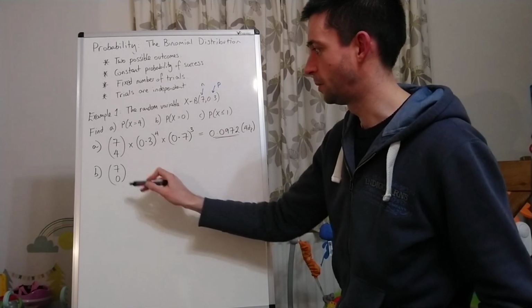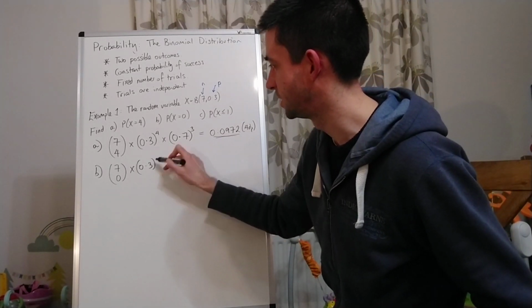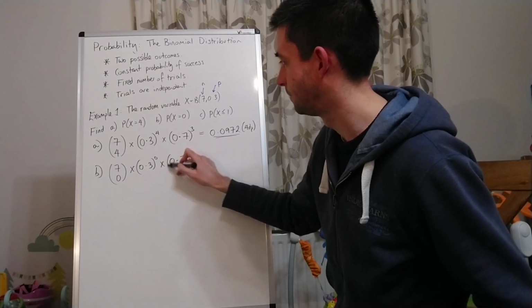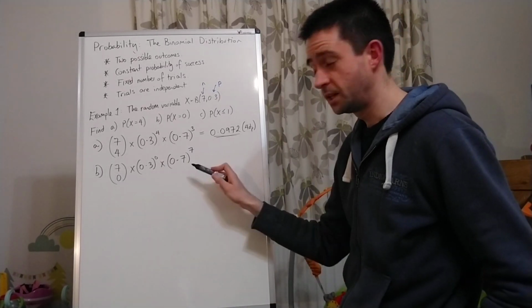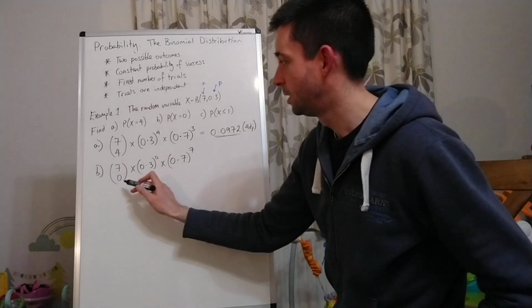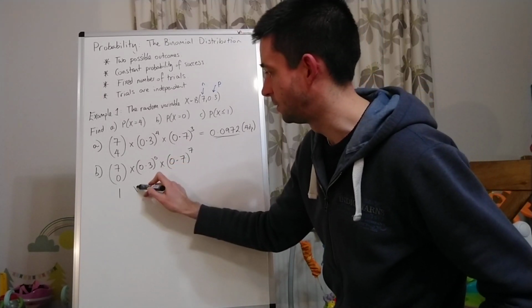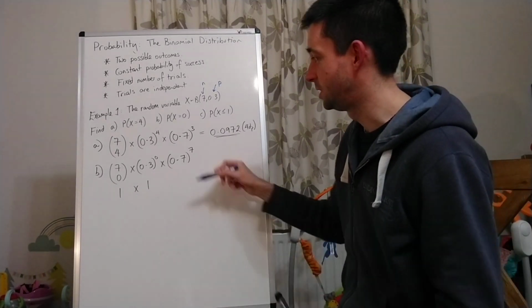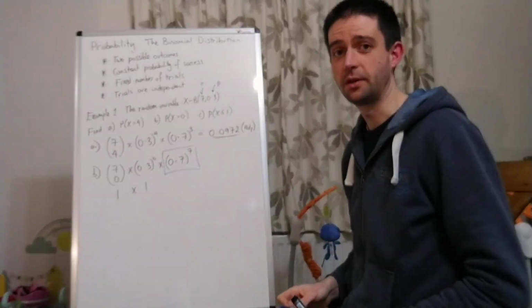So 7 choose 0, we've got no successes, no wins. So our probability of success to the power of 0, and our probability of failure to the power of 7. Now, I'm going to break this one down a little bit, because 7 choose 0 is 1, 0.3 to the power of 0 is 1, so actually the only bit that's relevant to this calculation is the fact that I failed 7 times.